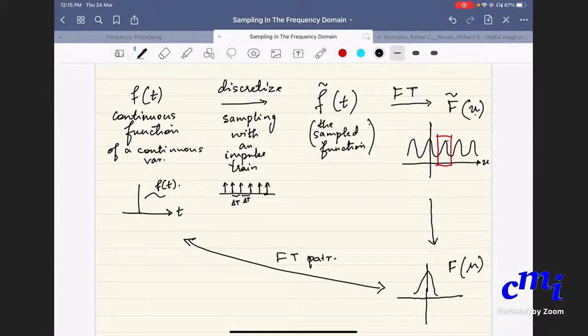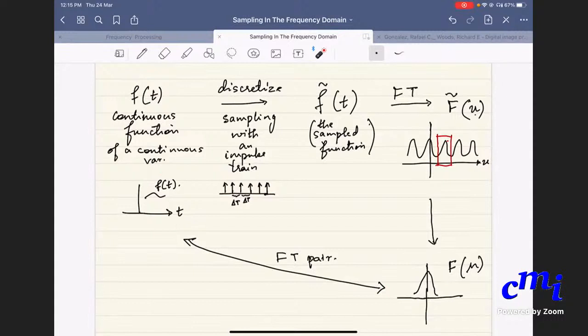So now when you actually have measured something, you have this. You don't know what f of t was because there is no way of measuring this continuous signal. You only have data in the discretized form. So you have f tilde. But the point is you can recover f in this way: you take the Fourier transform, then from that periodic function you extract one period, and that one period will turn out to be the Fourier transform of the original continuous signal.